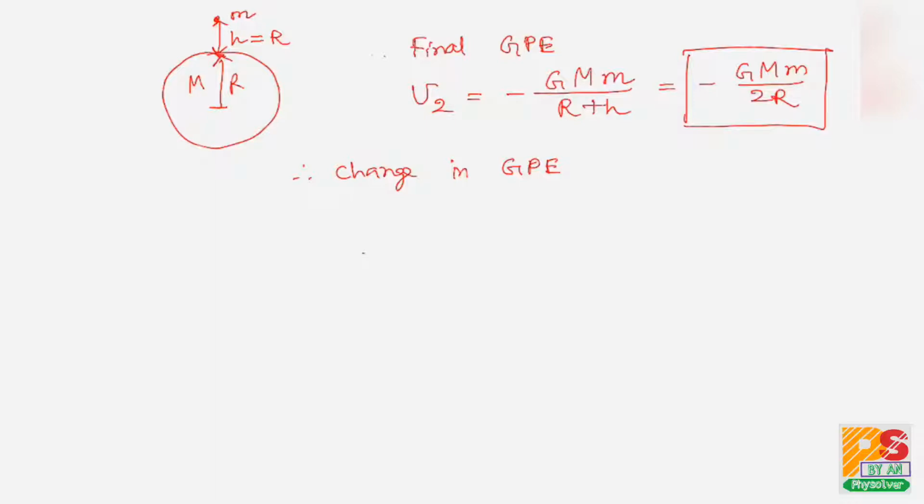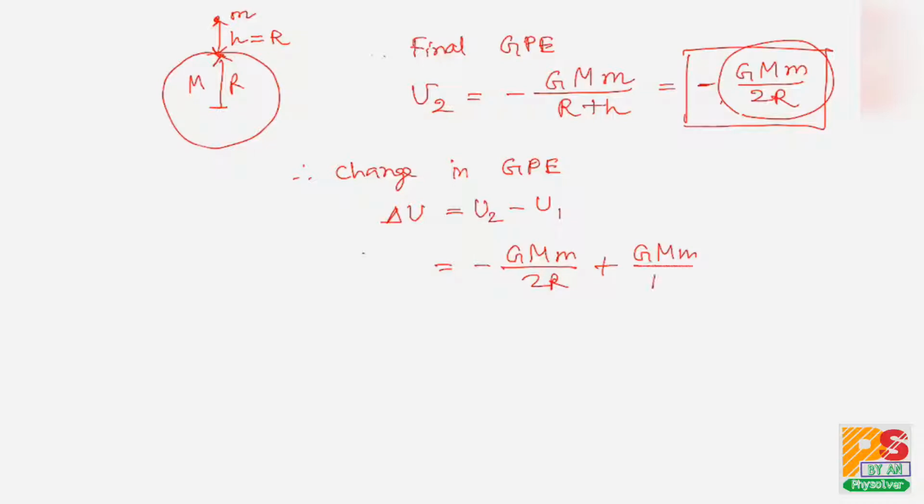The final potential energy will be greater. Why? Because the magnitude of this is less, but since it has a negative sign, U2 is greater. So the change in GPE is nothing but U2 minus U1. Putting the values, we will get GMm by 2R.